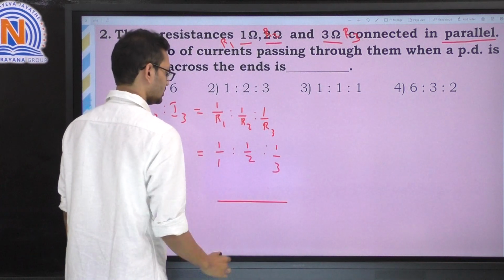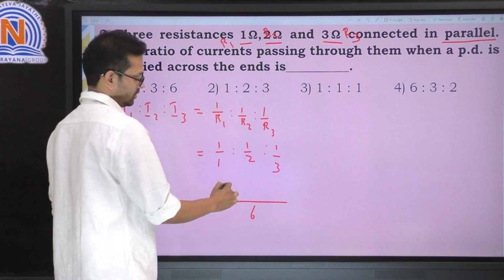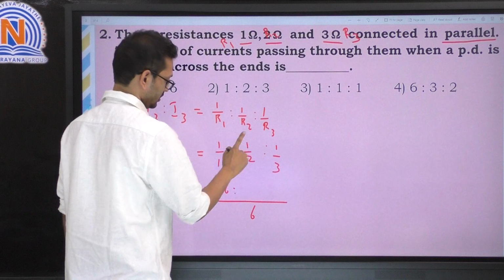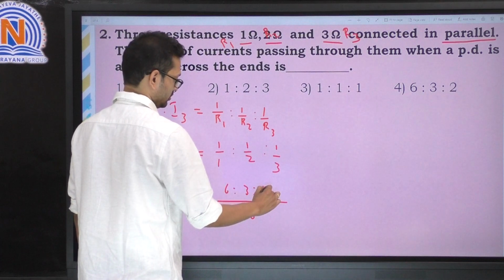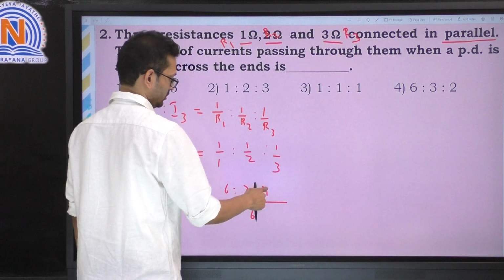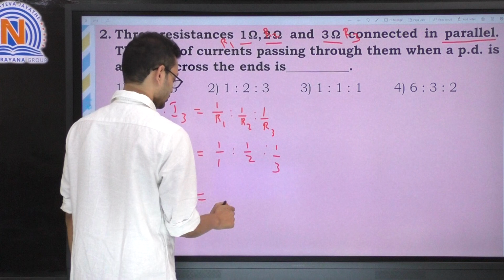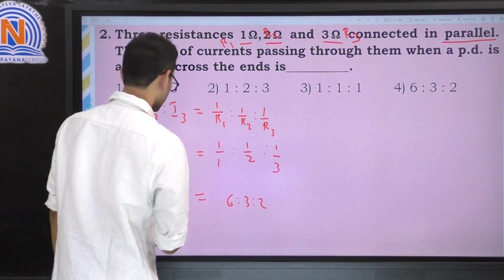So my LCM is 6. So 6 is to 3 is to 2 is my answer.